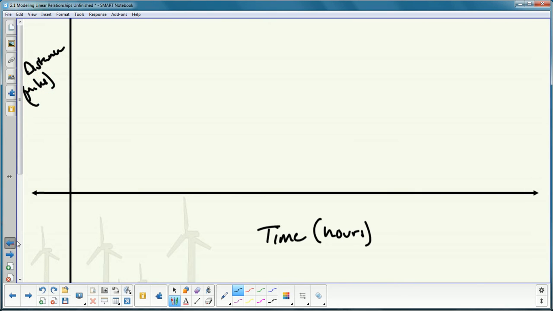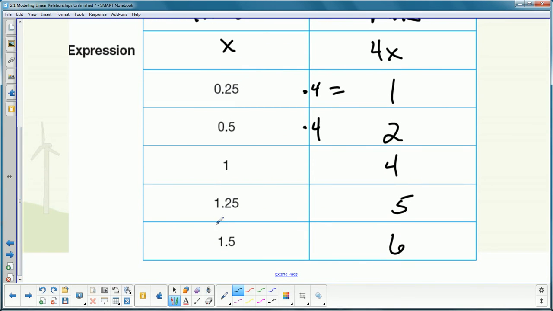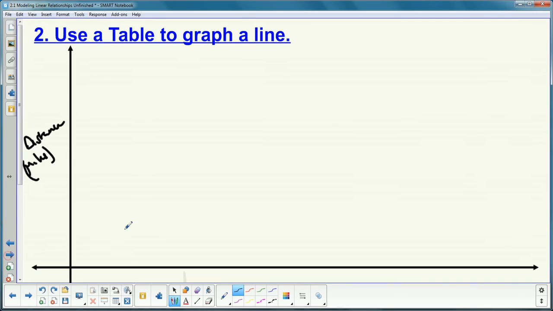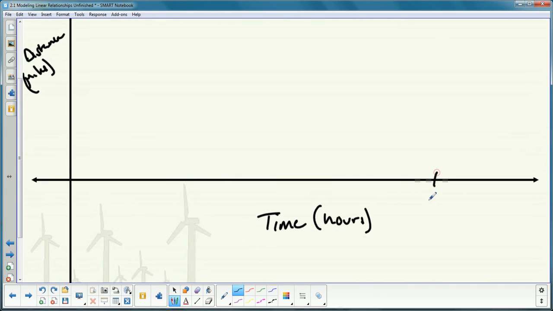Okay, going back to look at the table again, I see my time goes from 0.25 up to 1.5. So the highest number I need to have on x is 1.5. Okay, and so I'm going to put in 1 for 1 and also 1 for 0.5.